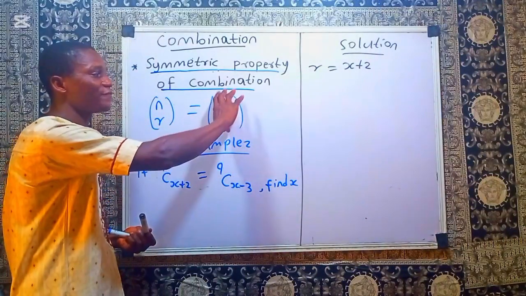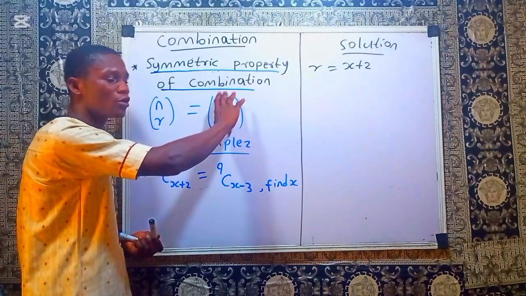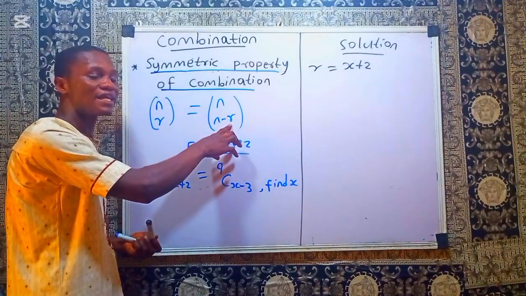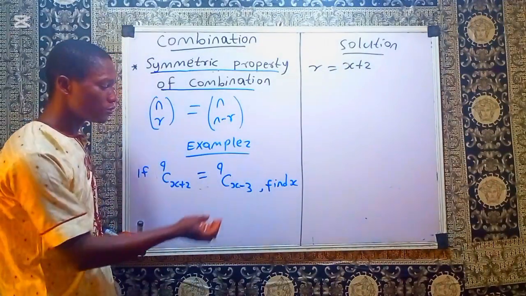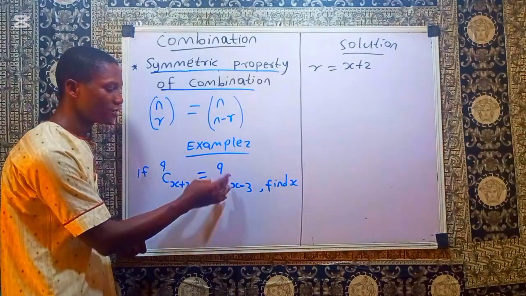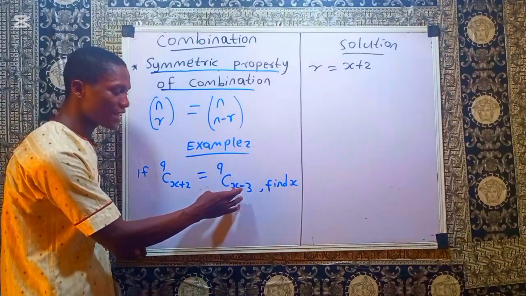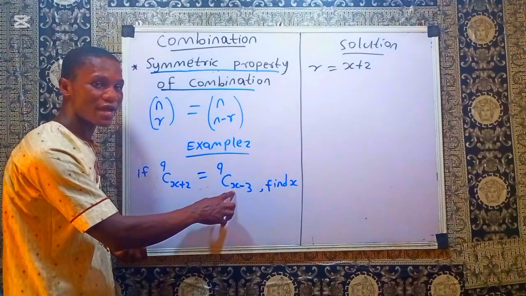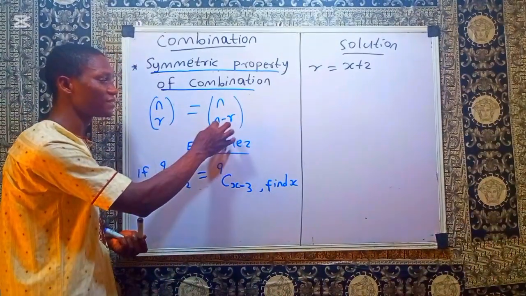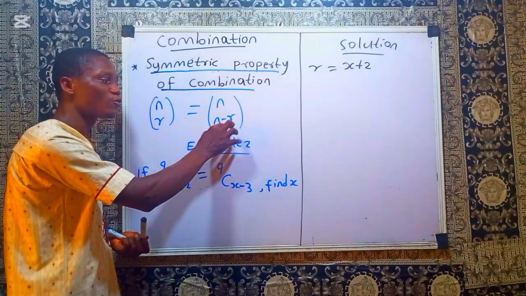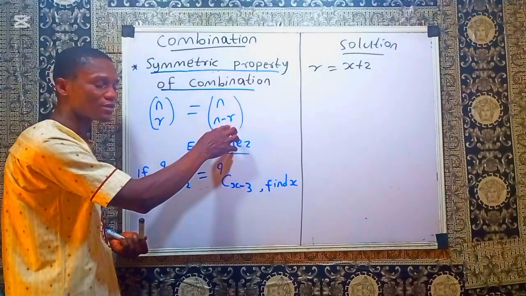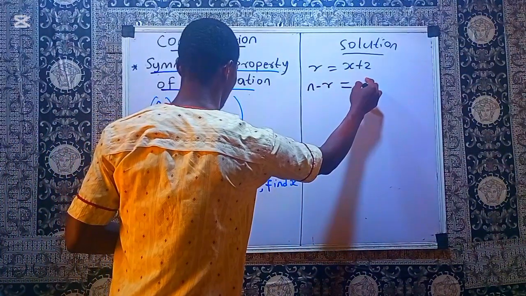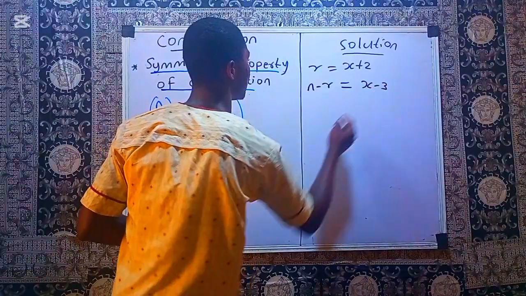It means in the second combination, what you have down below is your n minus r. In the second one, I'm having 9 combination x minus 3. So what I have below here is x minus 3, so that n minus r is equal to x minus 3.